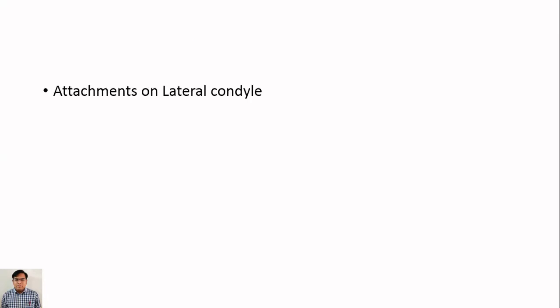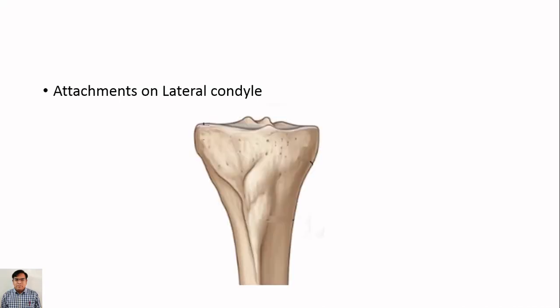Now the attachments on the lateral condyle. This is the anterior aspect. On the lateral condyle, a flat impression gives attachment to the iliotibial tract. So this is the attachment of the iliotibial tract.